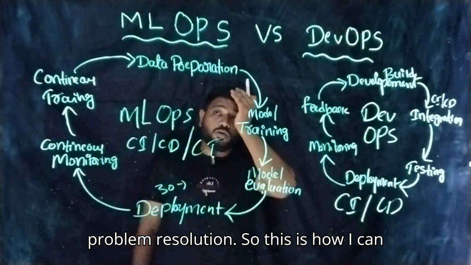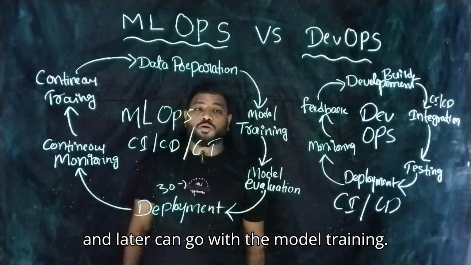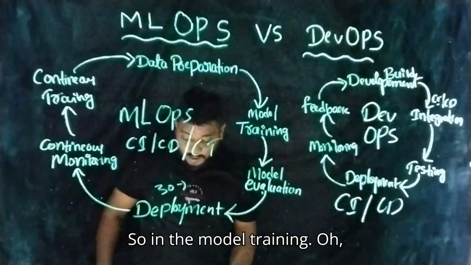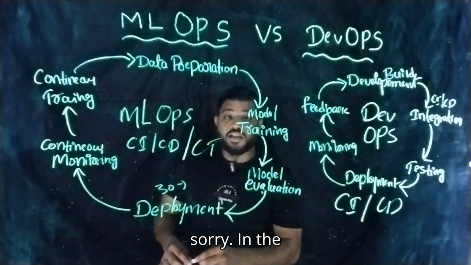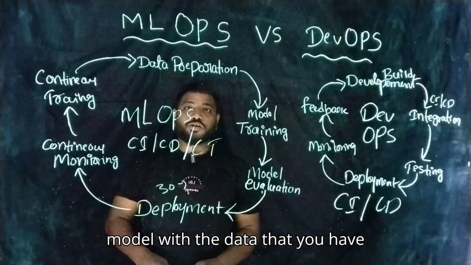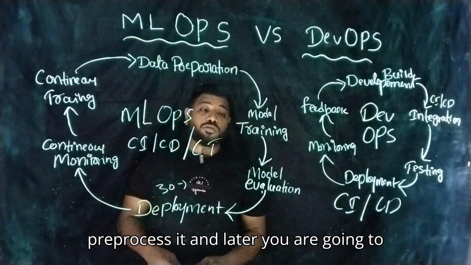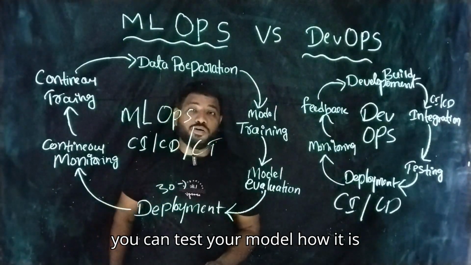So this is how I do the first phase, data preparation, and later go on to model training. In model training, you're going to train your model with the data that you have pre-processed, and later you're going to evaluate the model. In the evaluation process, you can test how your model is behaving.